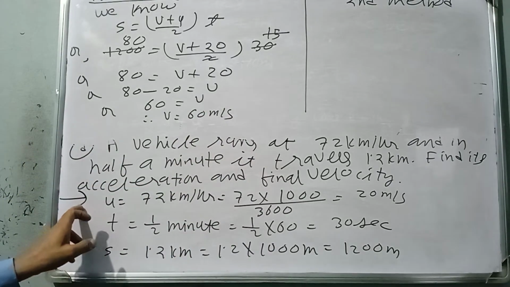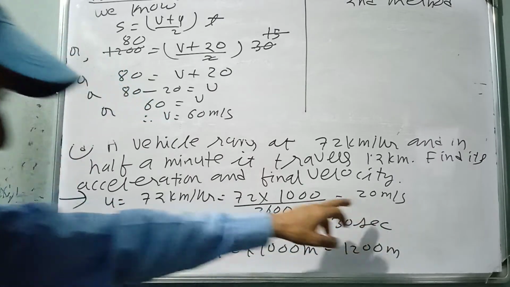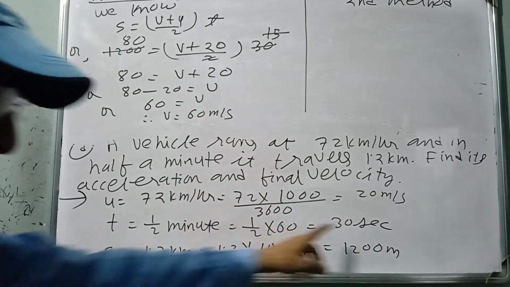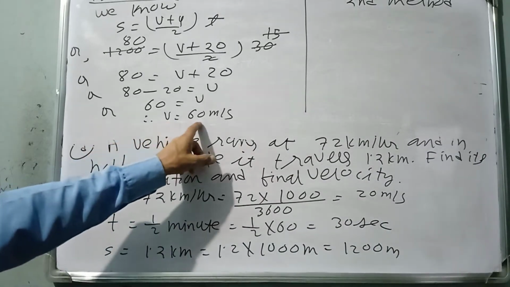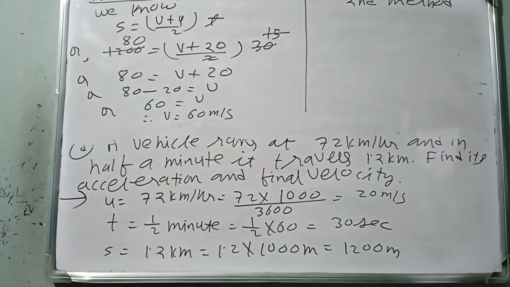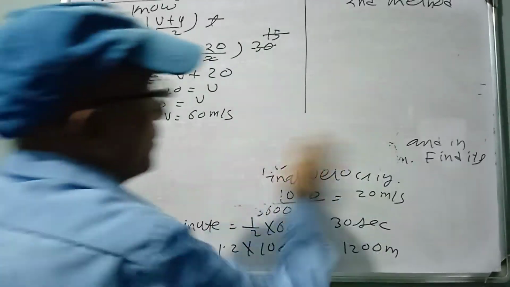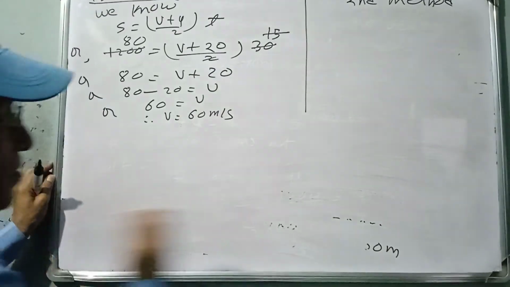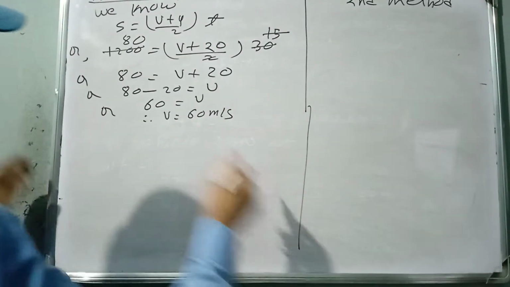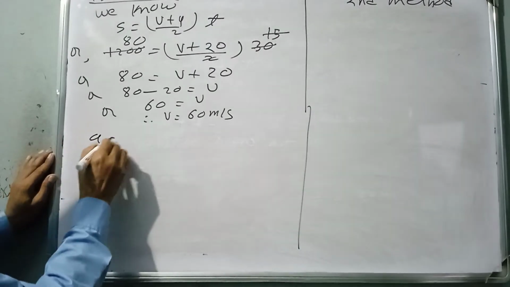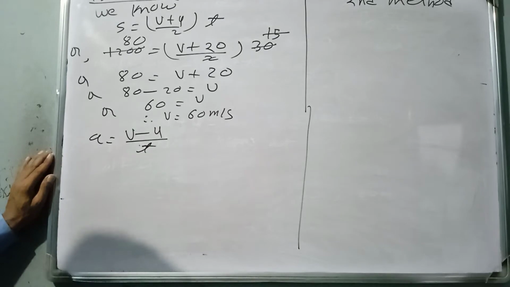यसमा के देखियो? Initial velocity u 72 km per hour is 20 meter per second. Time taken given, distance travel is also given. First method v निस्क्यो, अब v निकालेर अब सेकेन्ड मेथड नि म गर्दिन्छु. Now acceleration is by the definition v minus u by t formula.